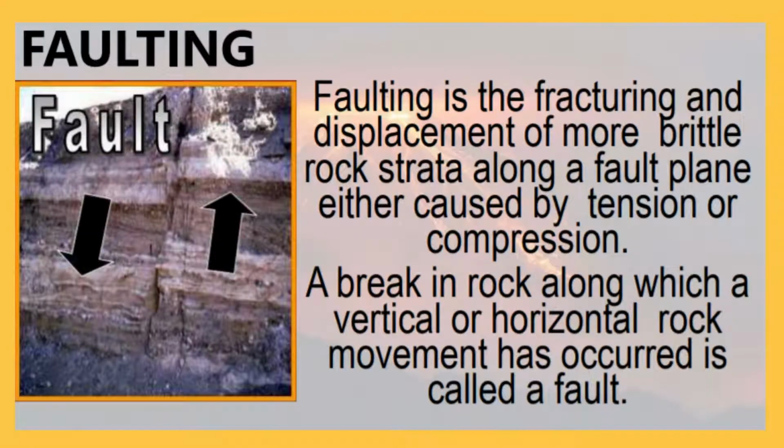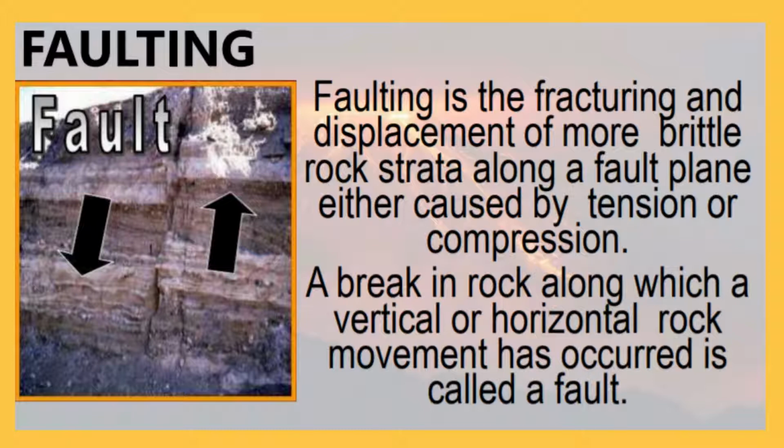The second concept is all about faulting. Faulting is the fracturing and displacement of more brittle rock strata along a fault plane, either caused by tension or compression. A while ago, folding was mainly caused by compressional energy.